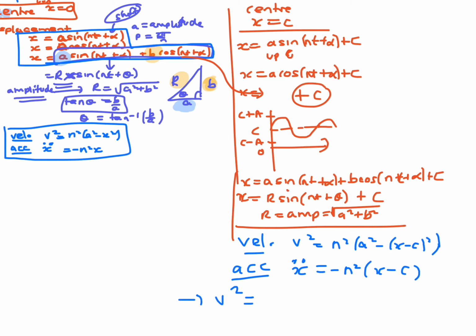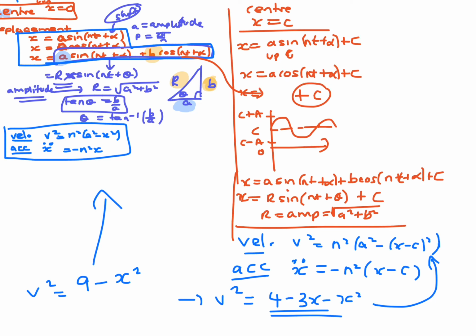So if you see a velocity graph and it looks like something like this, that's actually a quadratic, and it will be in that form, as opposed to the one that just looks like, say, 9 minus x squared. That one's in this form with the centre 0, 0. So if it has a middle term, it's actually this one, and it can be written as a quadratic, and that's how you can tell whether its centre is at 0, 0 or its centre is at c.